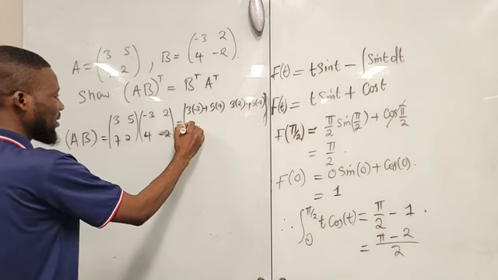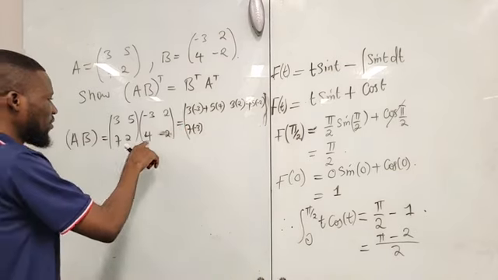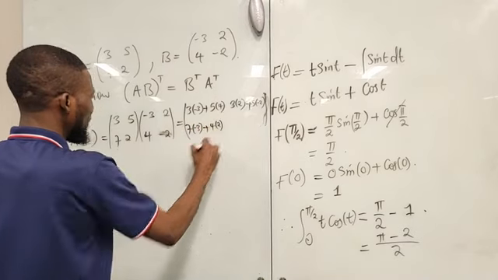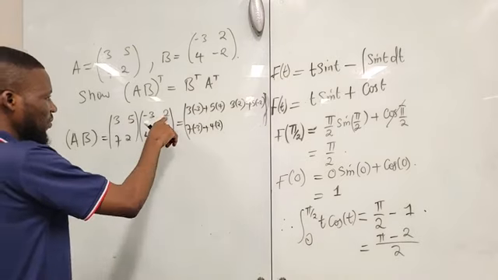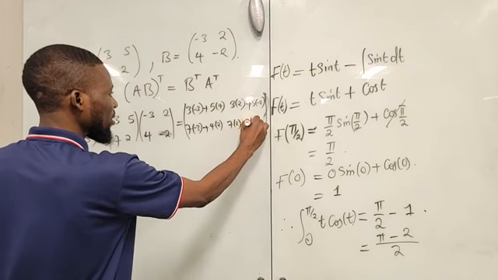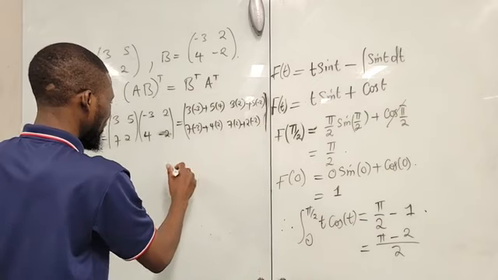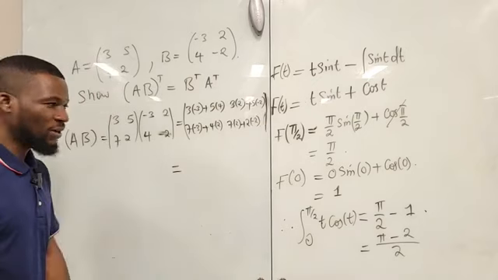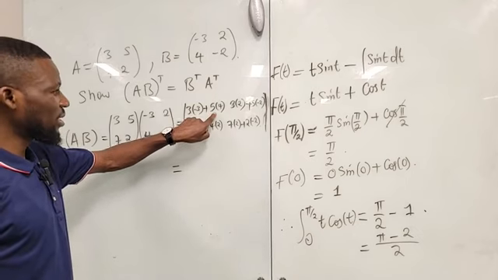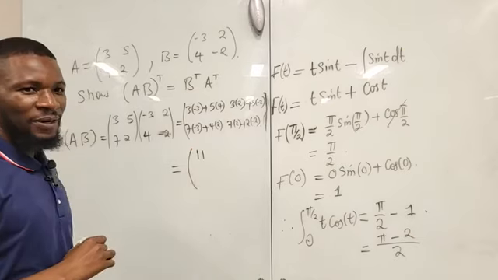Then 7 multiplied by -3, then plus 2 multiplied by 4. The order doesn't matter. Then 7 multiplied by 2, then plus 2 multiplied by -2, and close there in that order. All right, so as I said earlier, this is -9, this is 20, so this gives us 11.